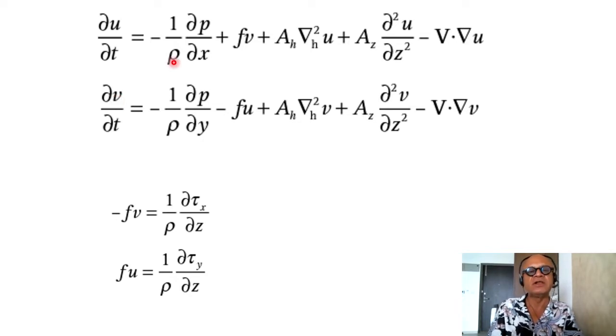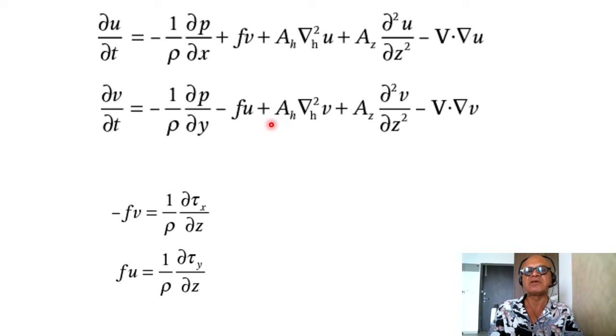So we already looked at the governing equations, F equals ma, Newton's law of motion for the ocean, also for the atmosphere. We had written it as zonal and meridional equations with an acceleration term, pressure gradient term, Coriolis term, horizontal and vertical eddy momentum mixing or viscosity terms, and of course the momentum advection term, v dot grad u.